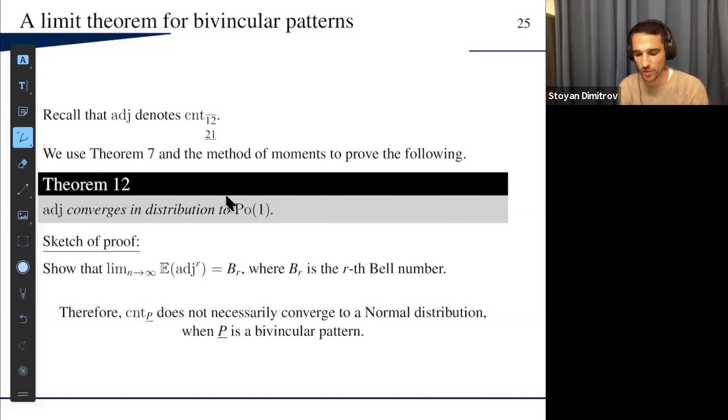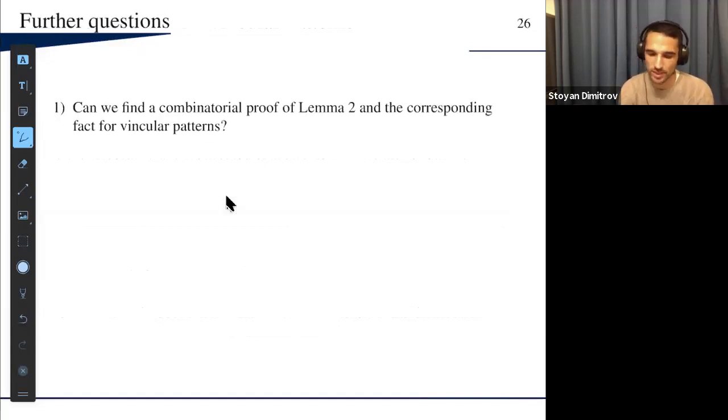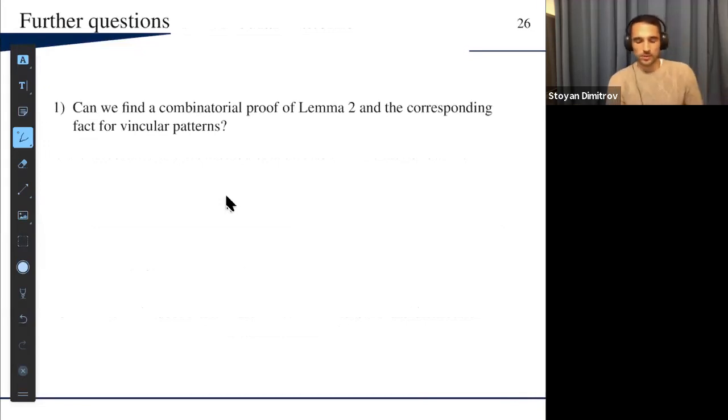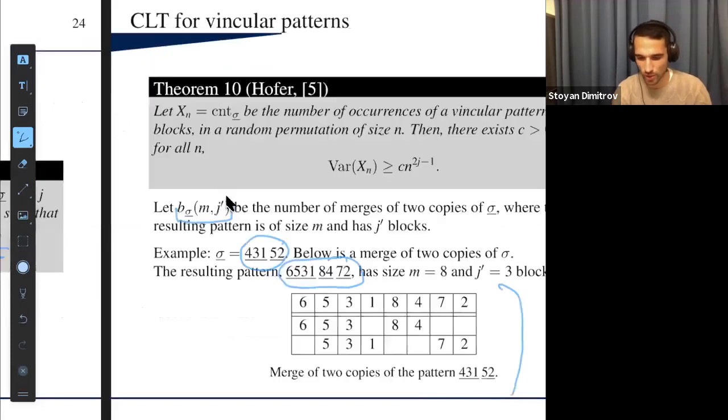This question was raised by Lisa Hofer actually. And I will list 2 other questions at the end. Of course, what we desire most is a combinatorial proof of our lemma 2, which I will show again.